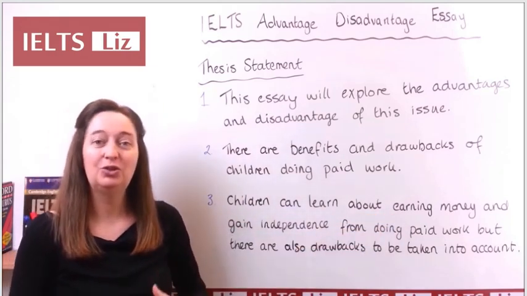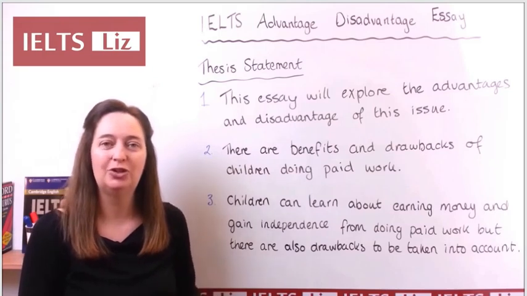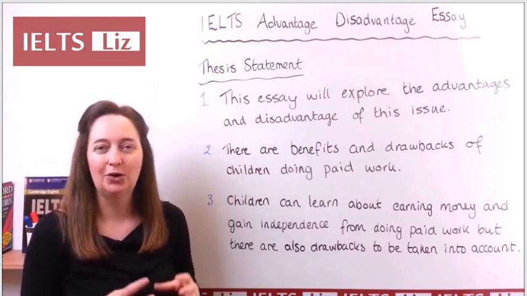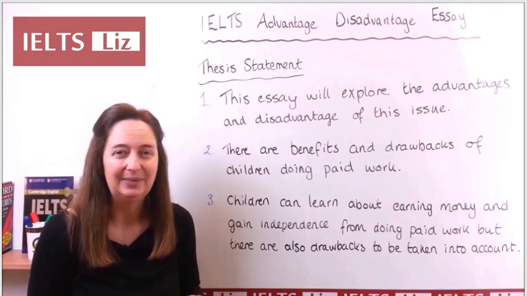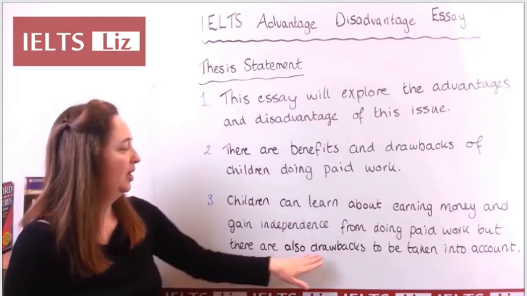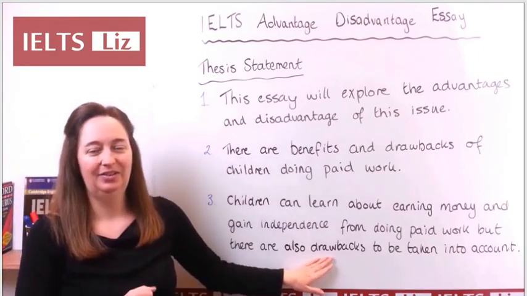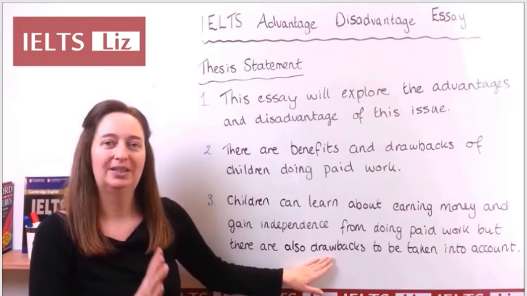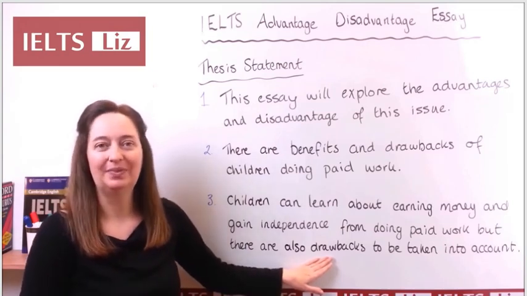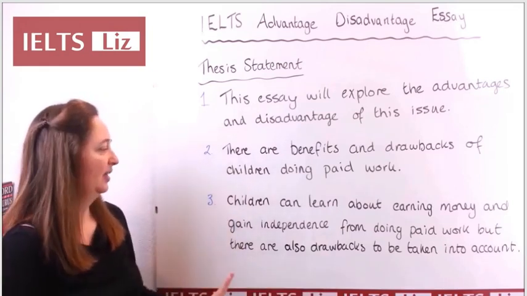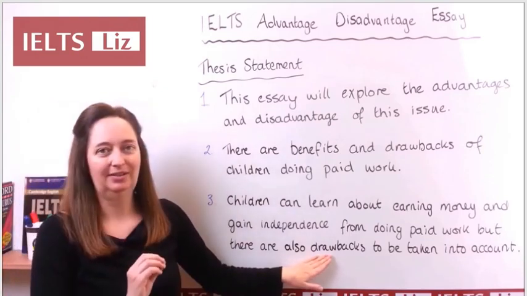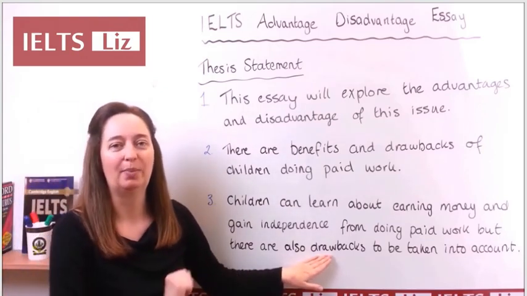You don't have to introduce all your advantages, just introduce your 2 main advantages, or the ones that you think are the key. And then you mention that there are also drawbacks. You don't give them, just mention them. So we state the advantages and we mention that there are also drawbacks.